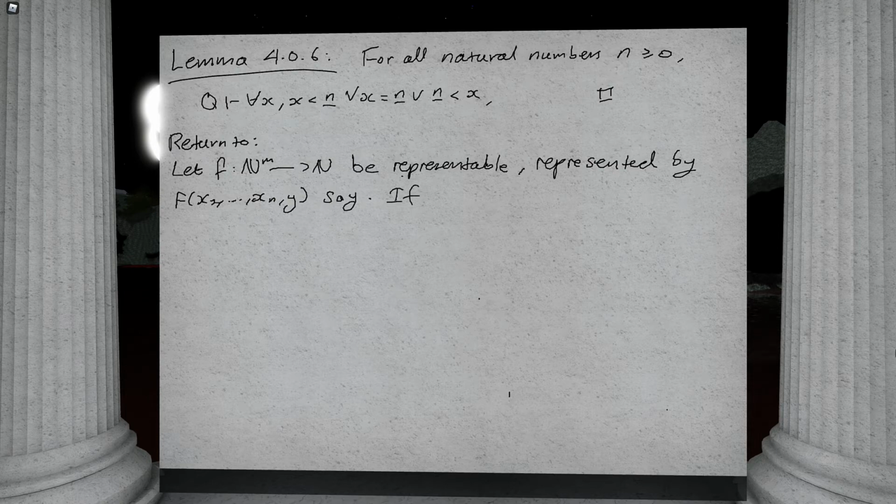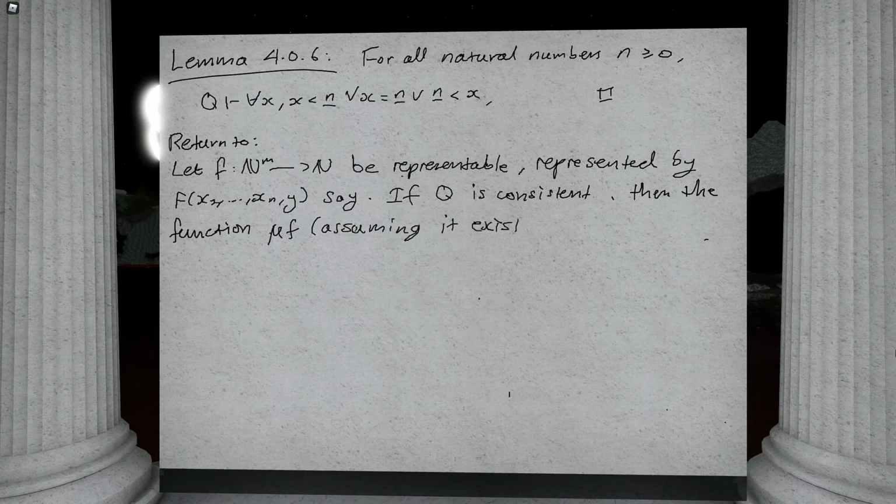Now the argument will actually use the fact that Q is consistent, which is a little bit interesting. It's a bit of slickness involved in this argument. So I'm going to say if Q is consistent, then the function mu f, assuming that it exists, so that's a condition on f there, is represented by the following formula.